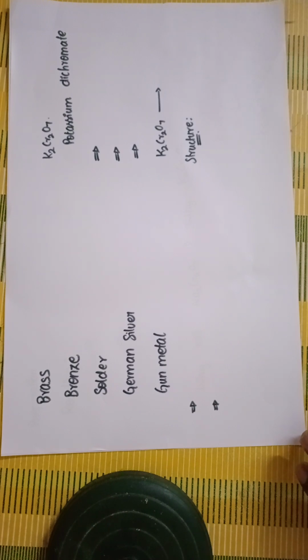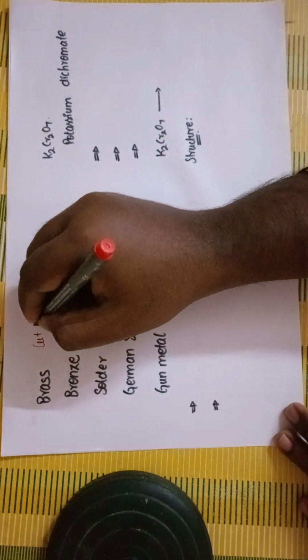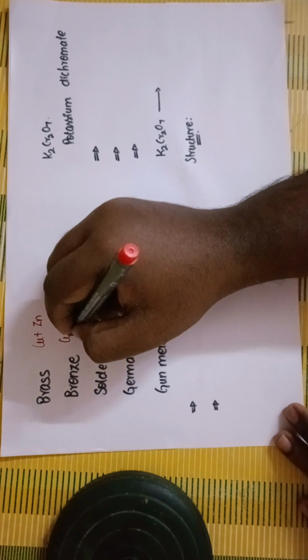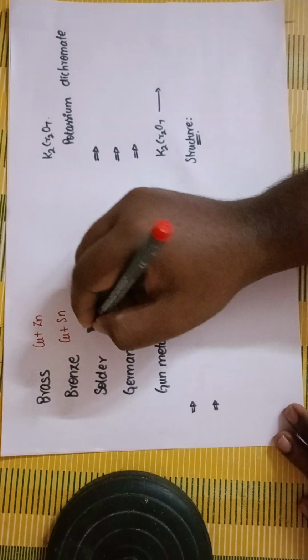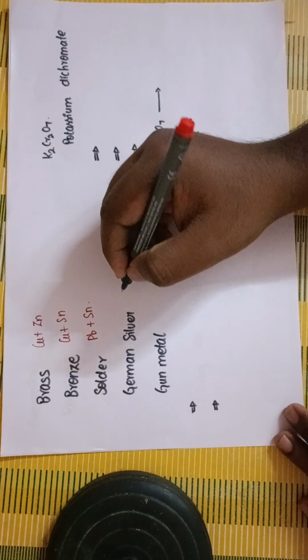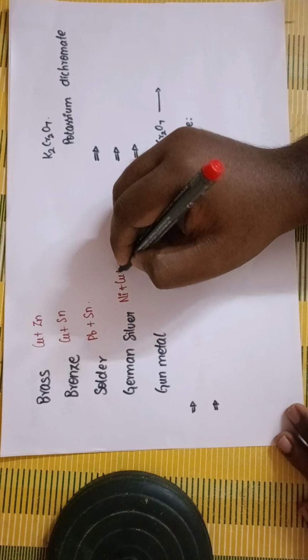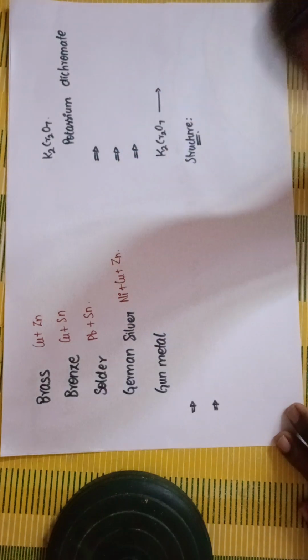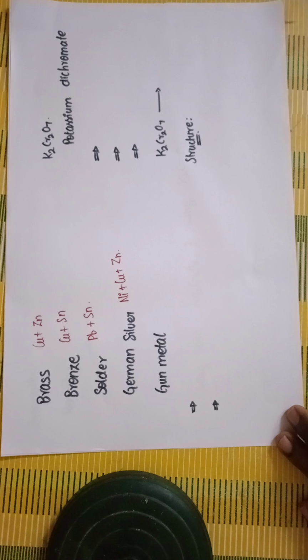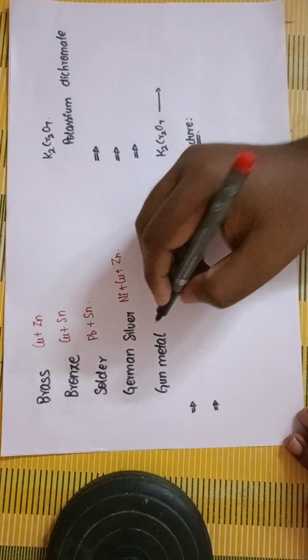Brass: copper and zinc. Bronze: copper and tin. Solder: lead and tin. German silver: nickel, copper and zinc.